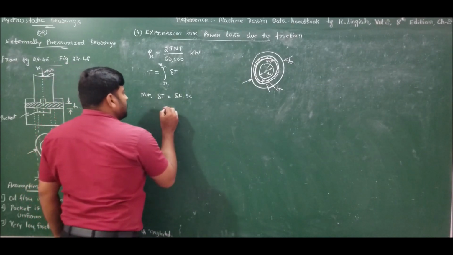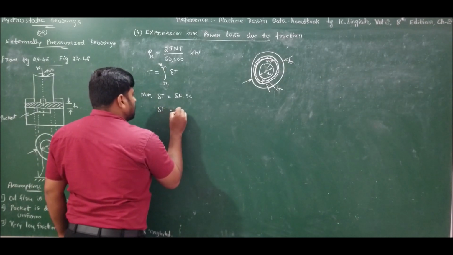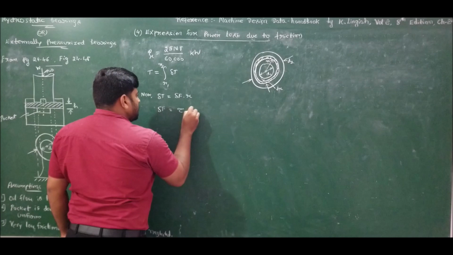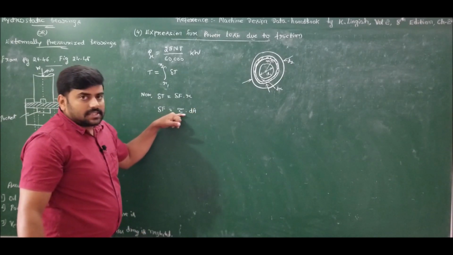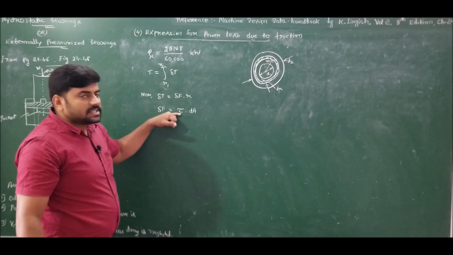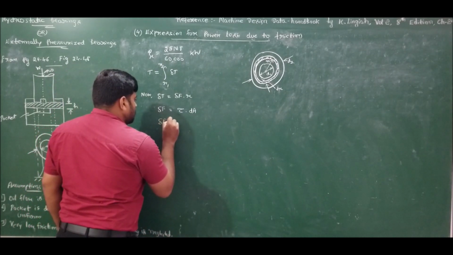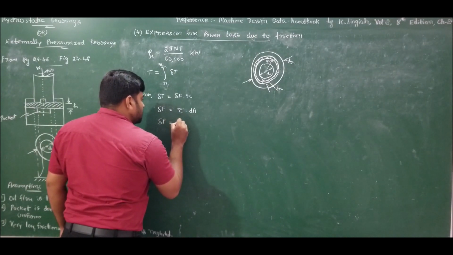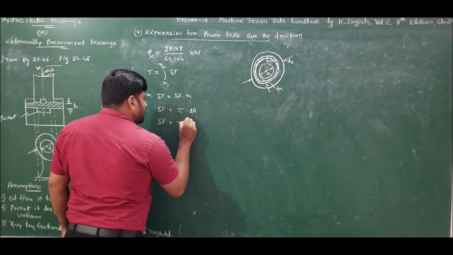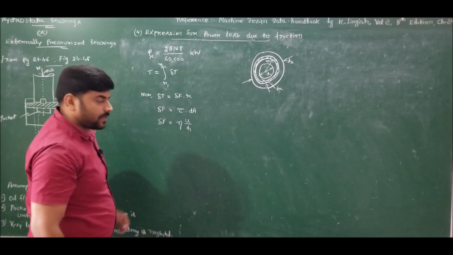Now the frictional force is nothing but shear stress times the area. Frictional shear stress from Newton's law of viscosity is given by absolute viscosity times the velocity gradient or shear rate, U by h.